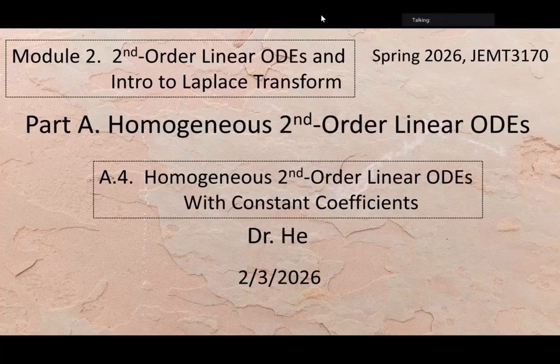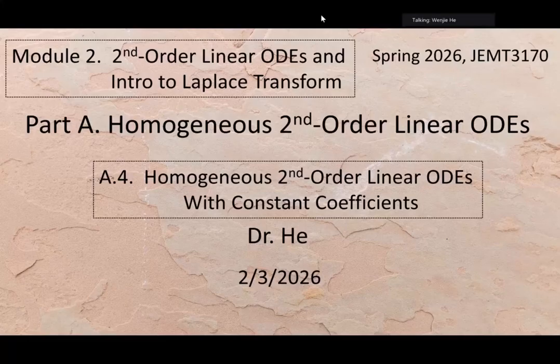Although with the power series method, which we will learn in later chapters, we can find a Y1. But here in 8.4, we only consider P and Q constant coefficients.